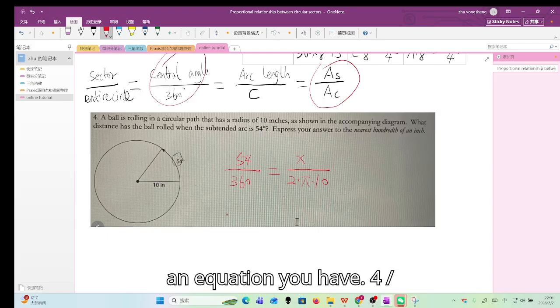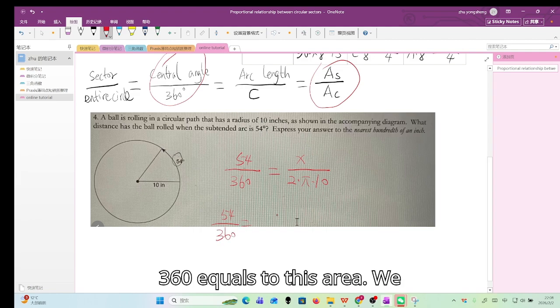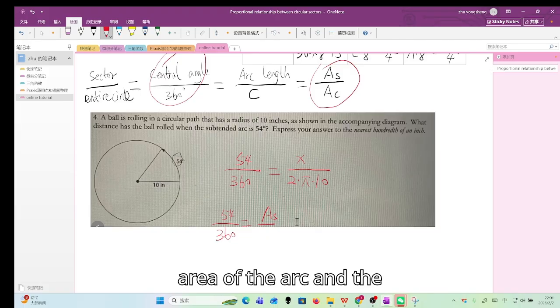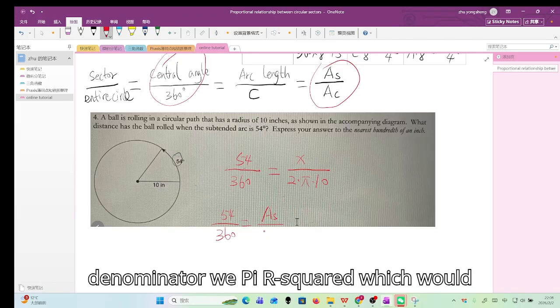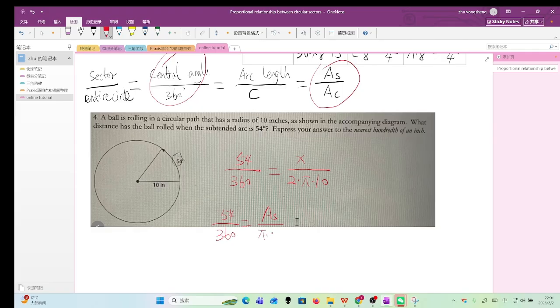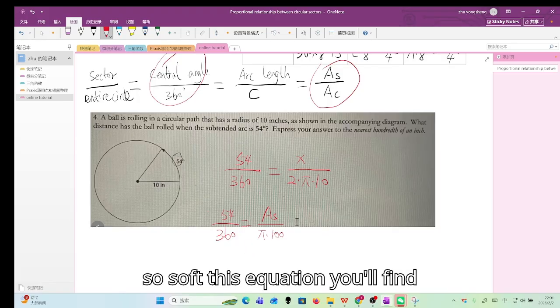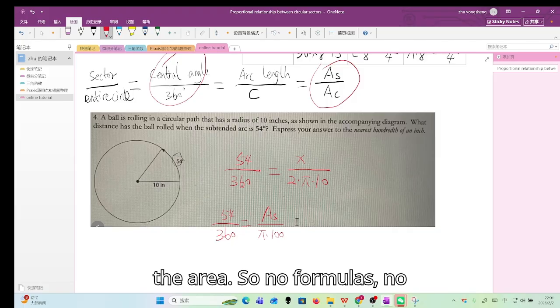So we make an equation: 54 over 360 equals this area, we use A S to represent the area of the sector, over the denominator pi r squared, which will be pi times 100, since 10 squared is 100. So solve this equation, and you can find the area. So no formulas, no new formulas. It's just about equations, equivalent ratios.